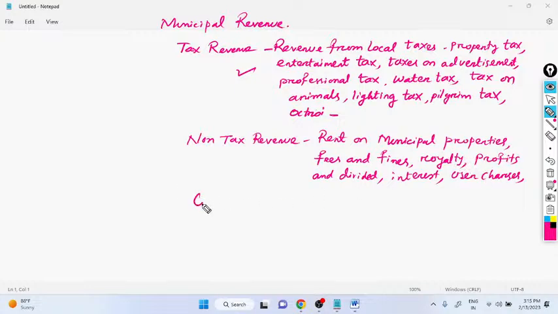Then number 3, grants. Grants by the state government and central government on the recommendation of Finance Commission.